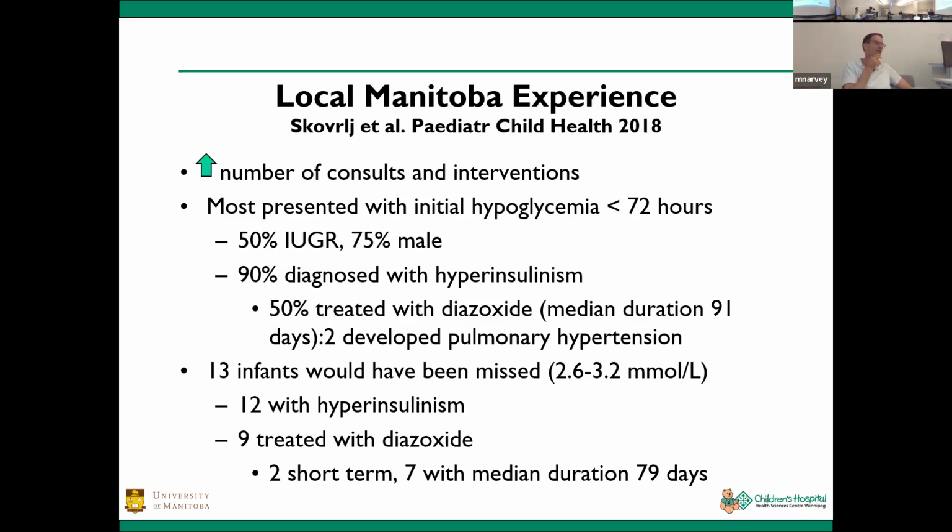And actually things didn't go as we thought they were going to, because we agreed that for persistent hypoglycemia, we would have an endocrinology consult. And so we did find, when we protocolized it, the consults went up. I think there were 55 consults overall following the change. And the reality is, most presented with hypoglycemia in the first 72 hours.